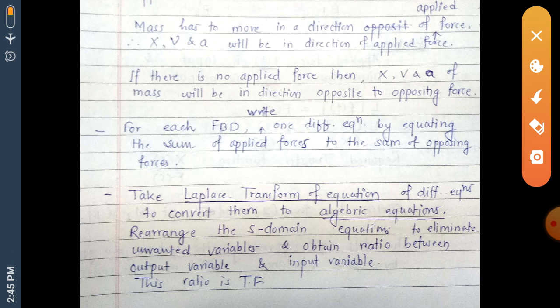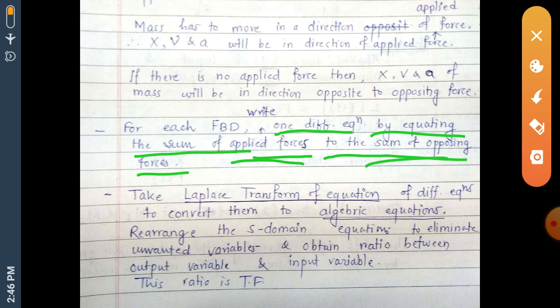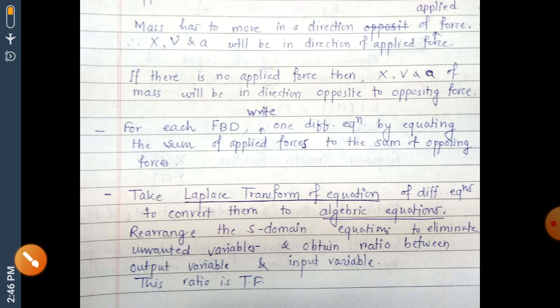For each free body diagram, write one differential equation by equating the sum of applied forces to the sum of opposing forces. After writing the free body diagram, we write the equation in the form of a differential equation, consisting of the summation of applied forces and opposing forces.